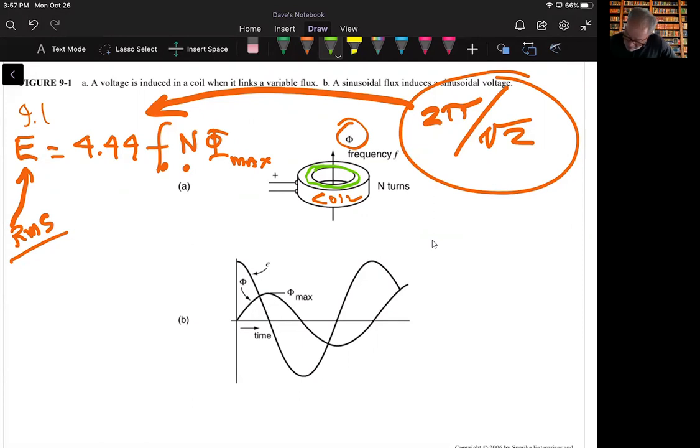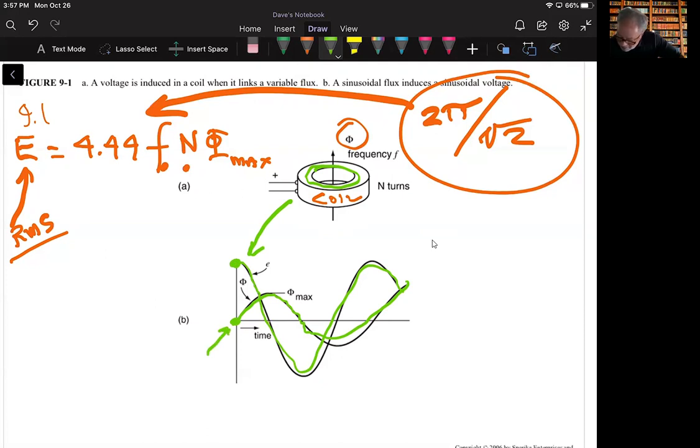Let's look at this in terms of a graph. Here is this varying flux, and here's the induced voltage that is accompanying that. The first thing that might jump out at you is that at this point, our flux is 0 and our induced voltage is maximum.